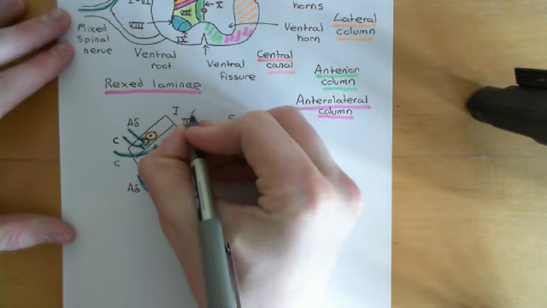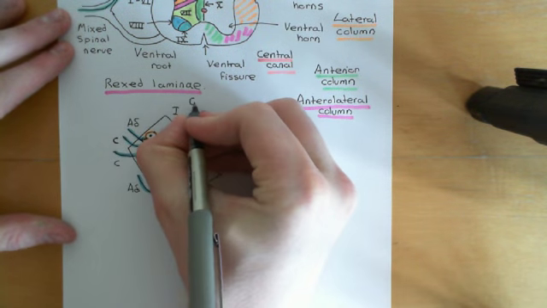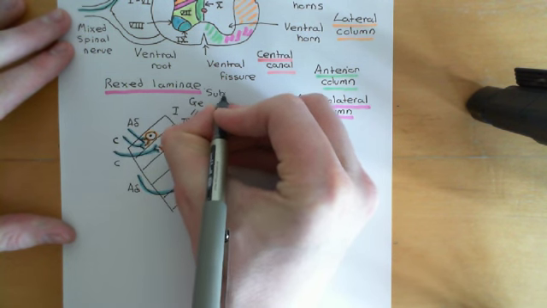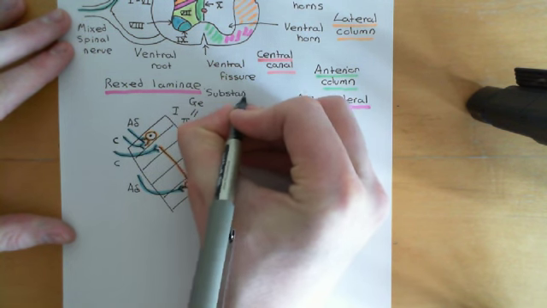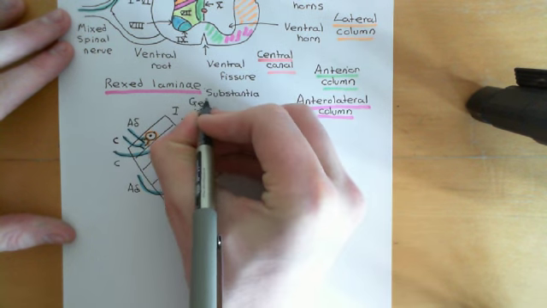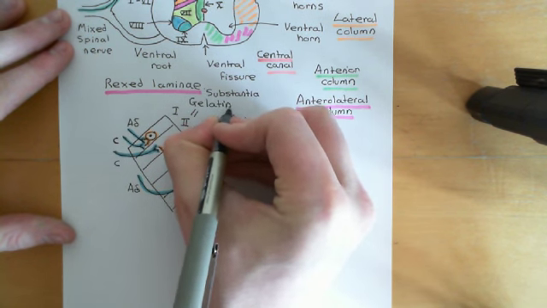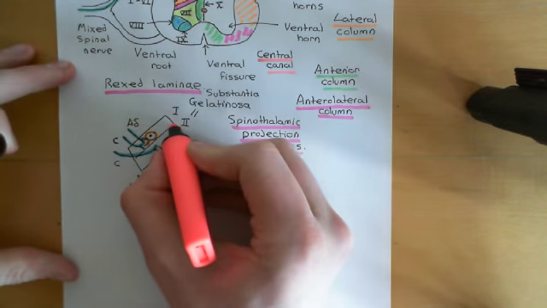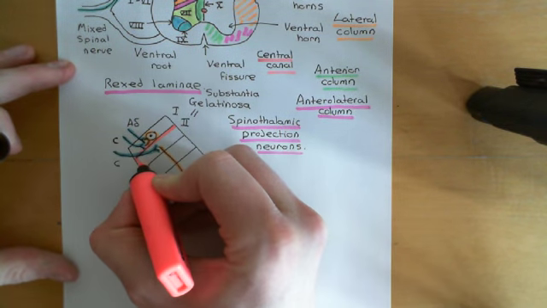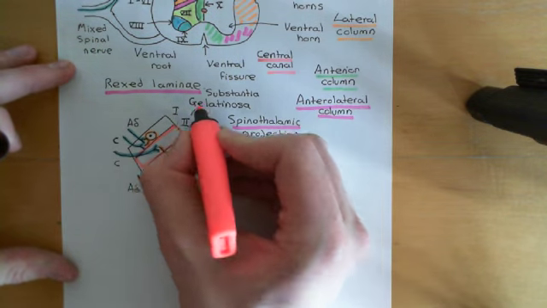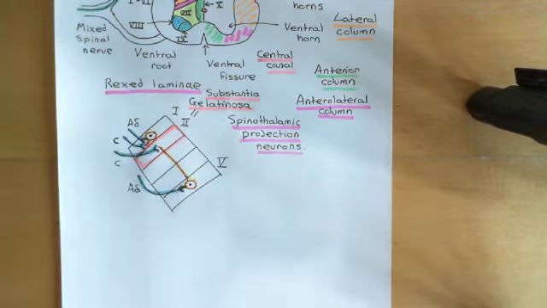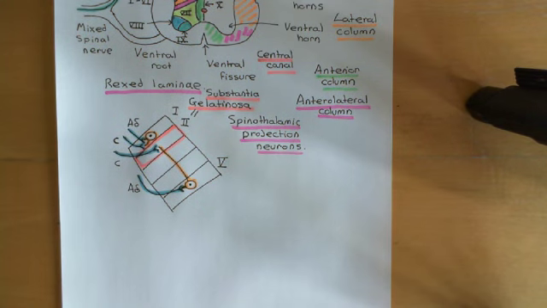Now there is a special name for Rexed lamina number 2 that people will also use, and I've missed a word out. It's called substantia gelatinosa, and I was just about to write the gelatinosa. Okay, so there we go. Substantia gelatinosa means Rexed lamina number 2. The cell bodies of these spinothalamic projection neurons are not going to be in Rexed lamina number 2.